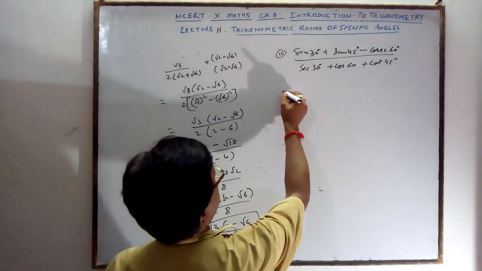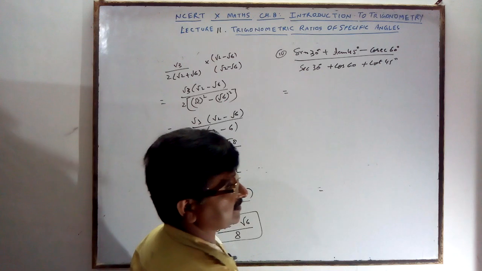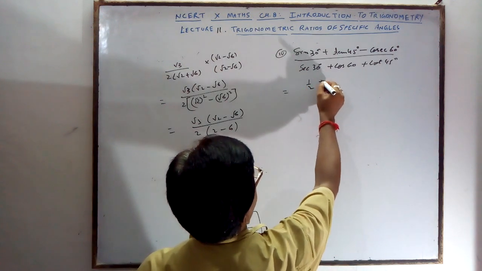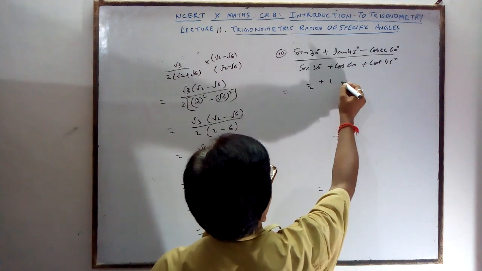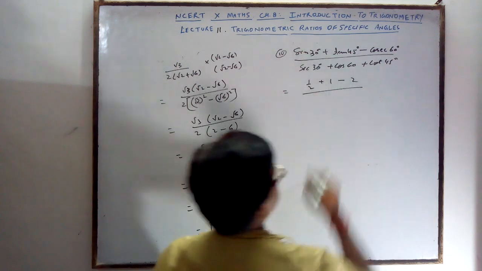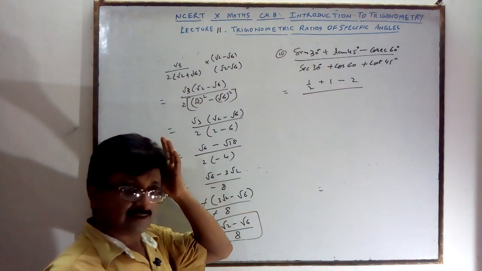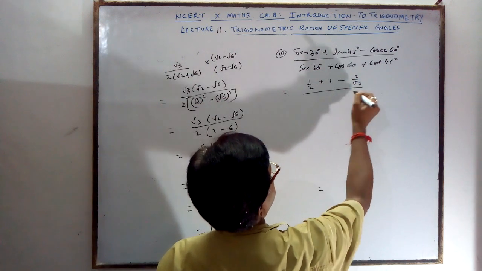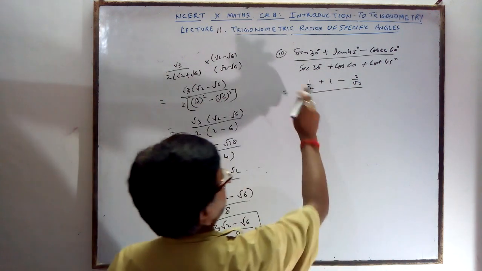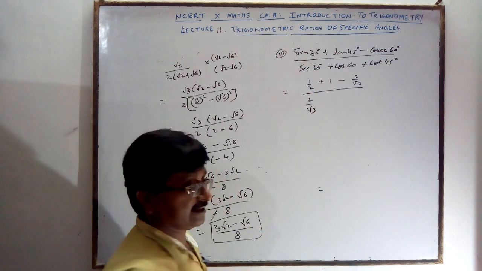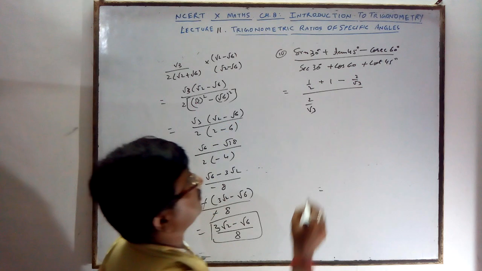Now, what is the sin 30? Sin 30 is 1 by 2. Tan 45 is 1. Cosec 60 is 2 by root 3. Sec 30 is 2 by root 3, sec 30 means cos 30 reciprocal.